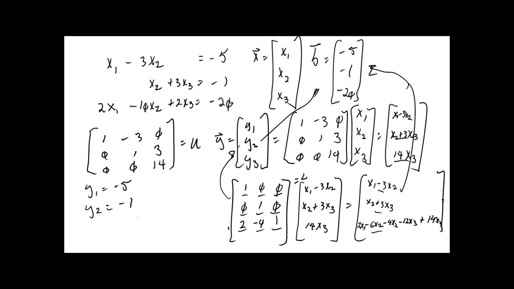Y3 is, let's plug in what these other two are, okay? And if you see this, this is 2 times Y1, which will be negative 10, minus 4 times Y2, which is plus 4, and 1 times Y3, that's what we don't know, plus Y3, this is equal to negative 20.